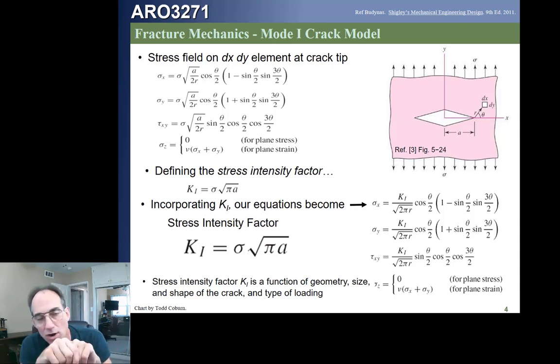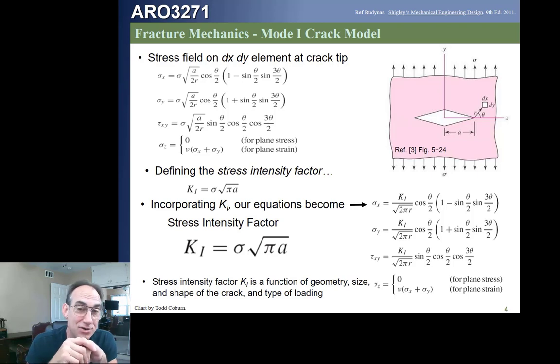Now this is kind of a weird unit, which is going to give us kind of strange units. This means we're going to have units for stress intensity of PSI square root of inches. If that's not a weird unit, I don't know what is, but that's the unit we're going to use. So the Farfield stress times the square root of pi a.